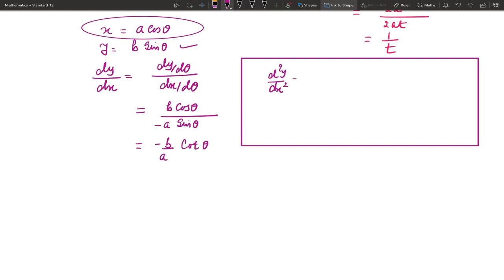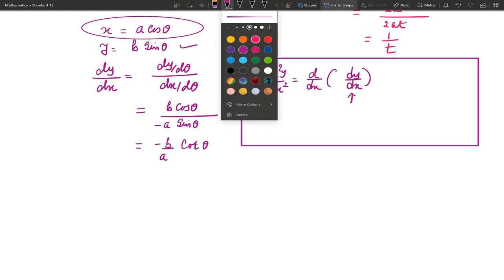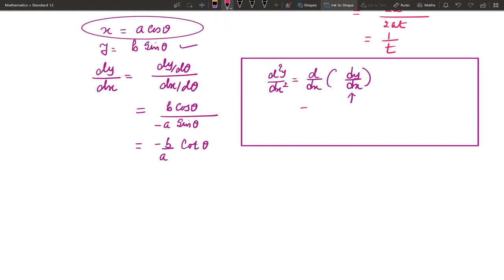But if theta is parameter, in such a case, when you obtain d2y by dx2, second derivative, so this is d by dx of dy by dx. Now inside it will be a function of theta. So in such a case you have to use chain rule. d by dx is d by d theta of dy by dx into d theta by dx.